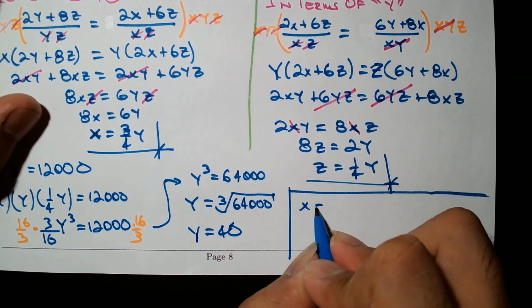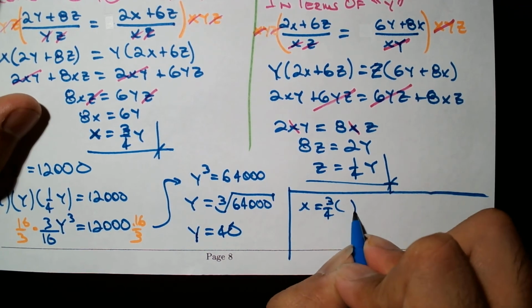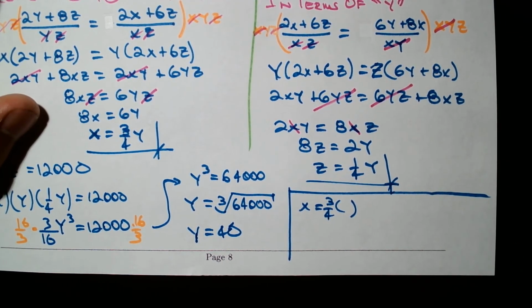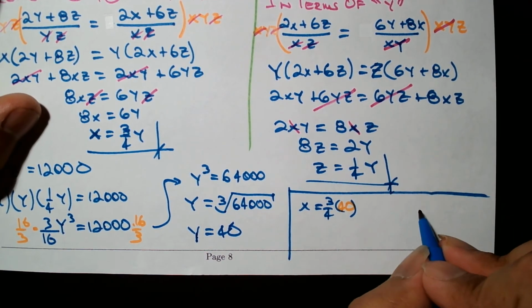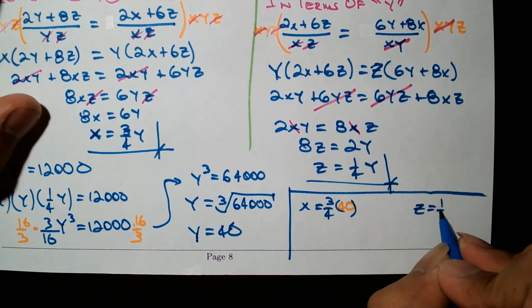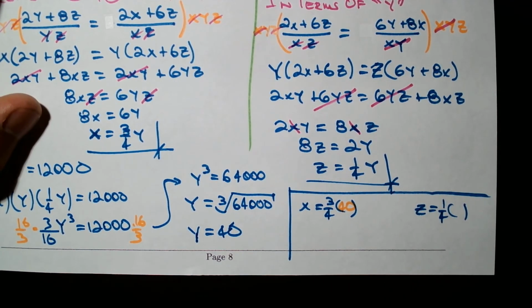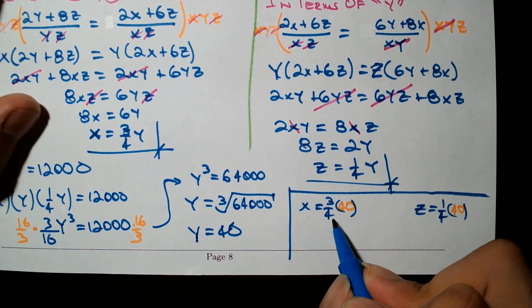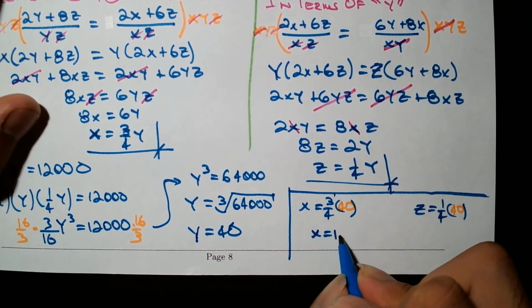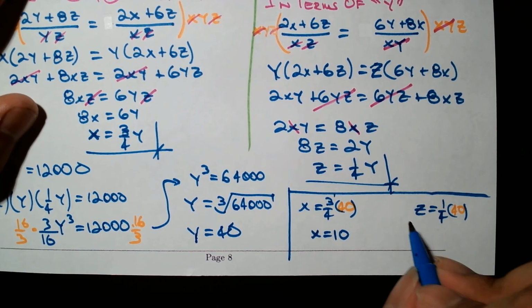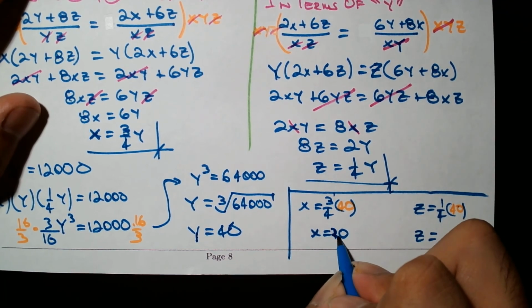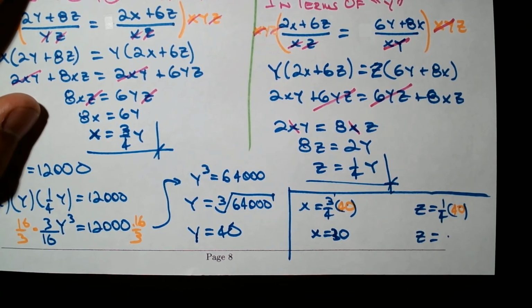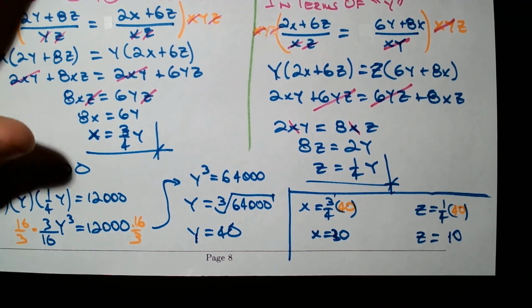So x equals 3/4 of 40, and z equals 1/4 of 40. Now 40 divided by 4 is 10, times 3 is 30, and 10 over here.